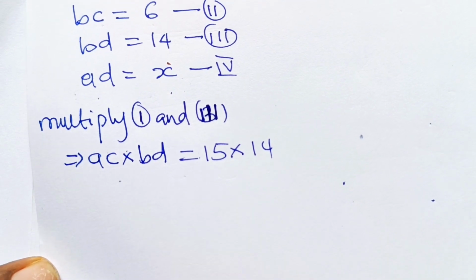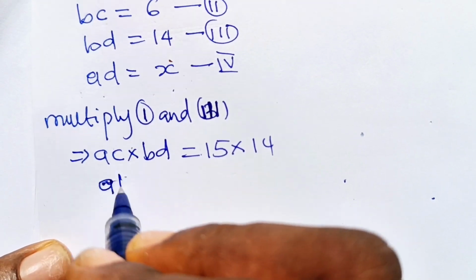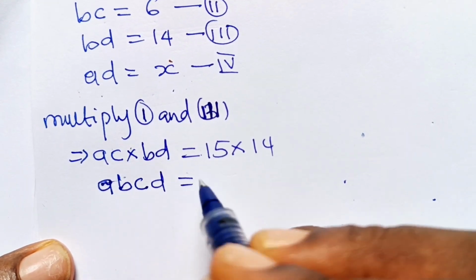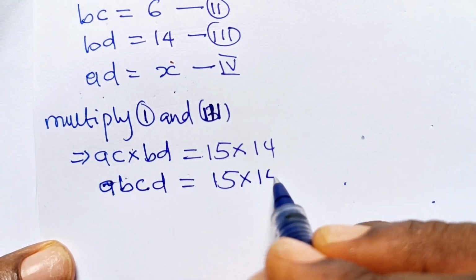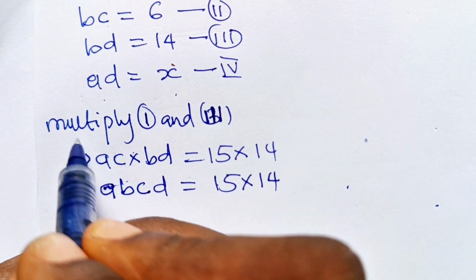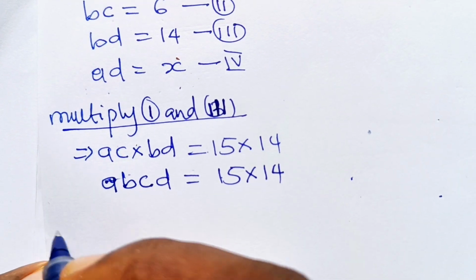So that means that we can write this as ABCD is equal to 15 times 14.